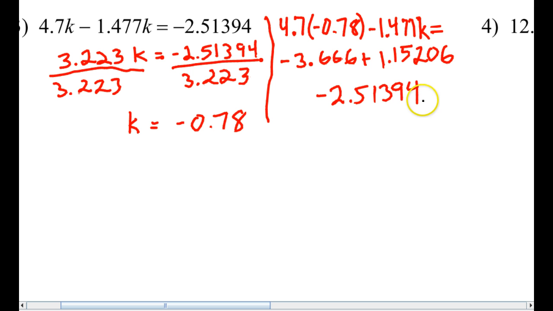Verify your answers correctly. Same thing on both sides.